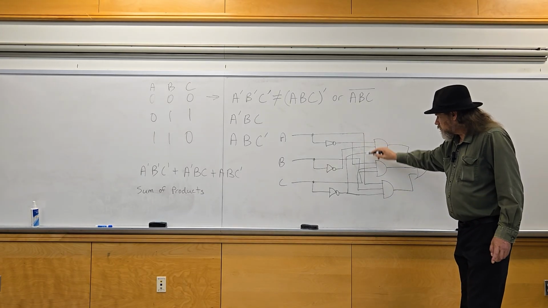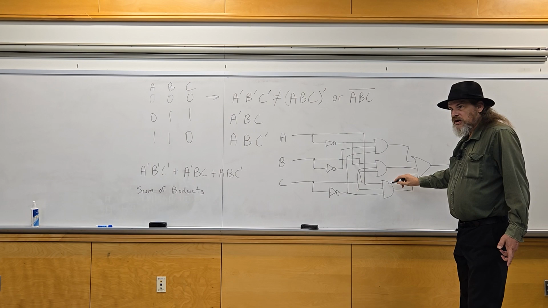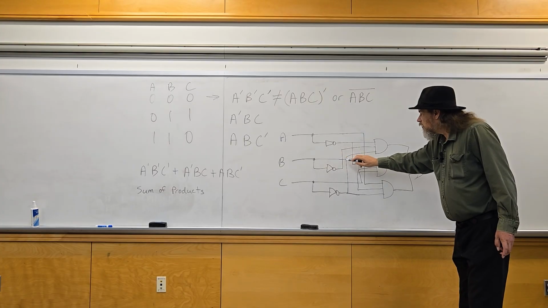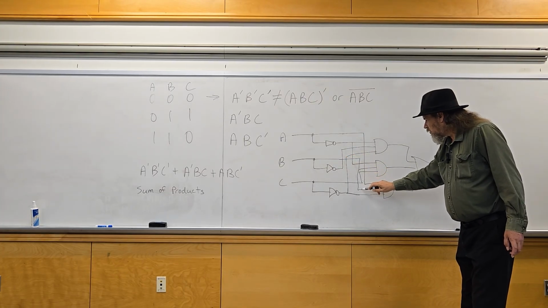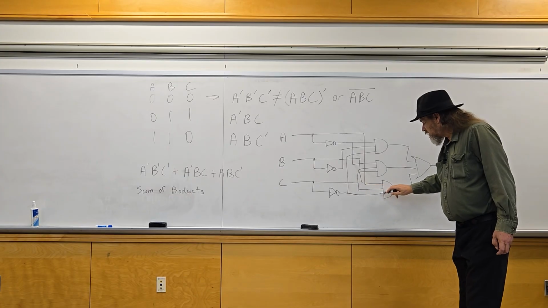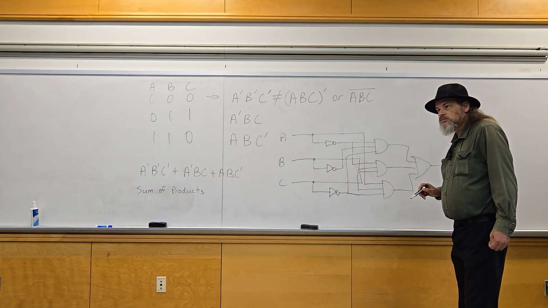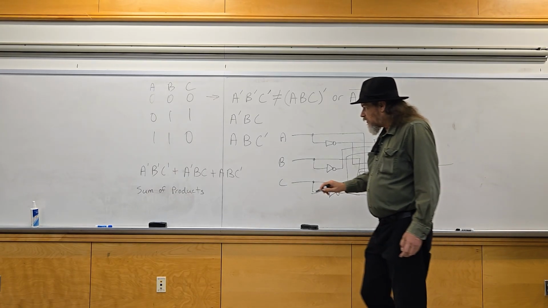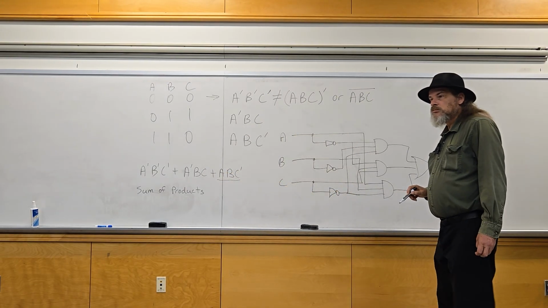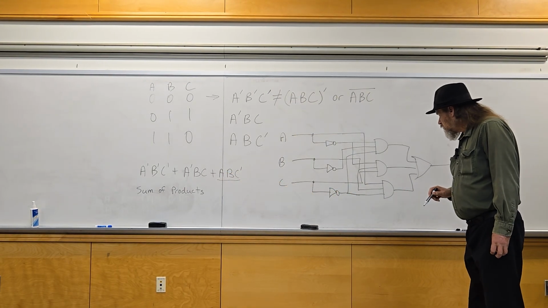It's going in its regular form without being inverted. Likewise, the B goes to that as well, but the C inverted goes to that one. That's this expression right here. That's this AND expression right there. All right.